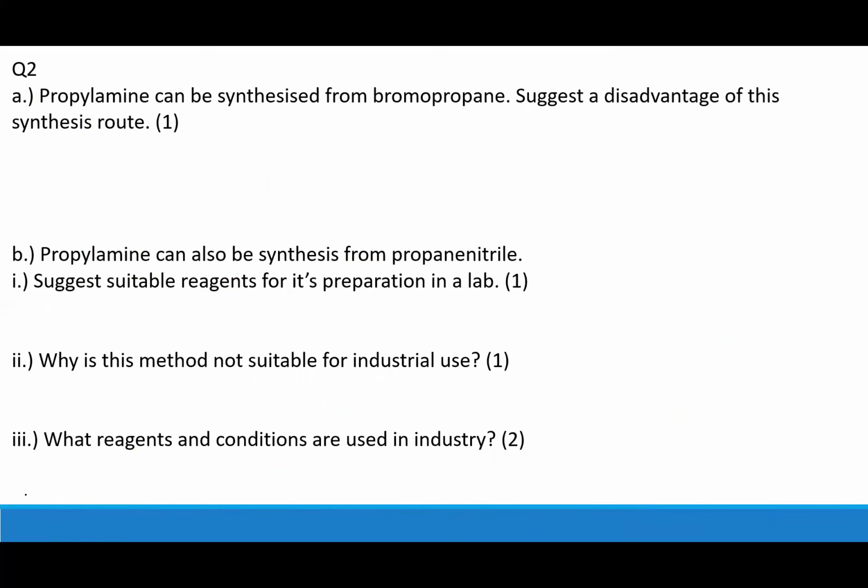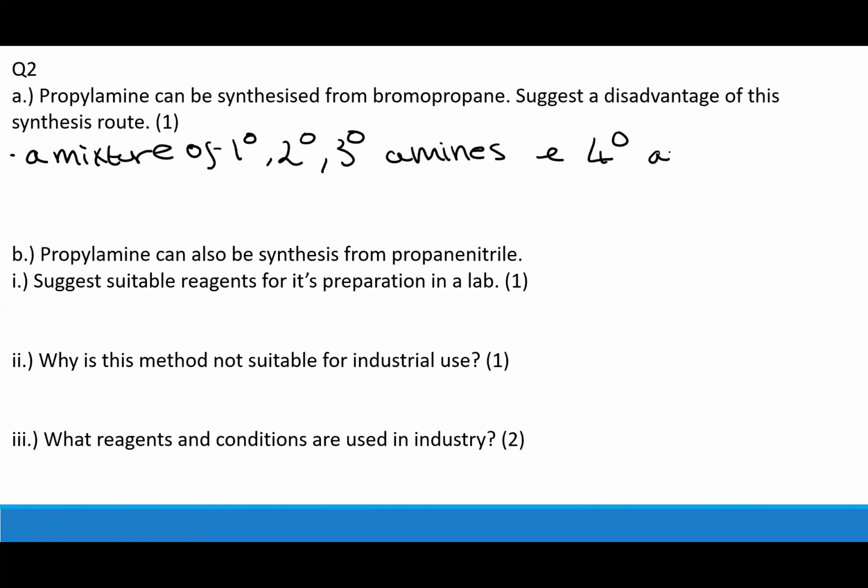Well, as we've said, when we do this process, if we're using things such as bromopropane, we would get a mixture of primary, secondary, tertiary amines and quaternary ammonium salts. So that will get you the 1 mark.